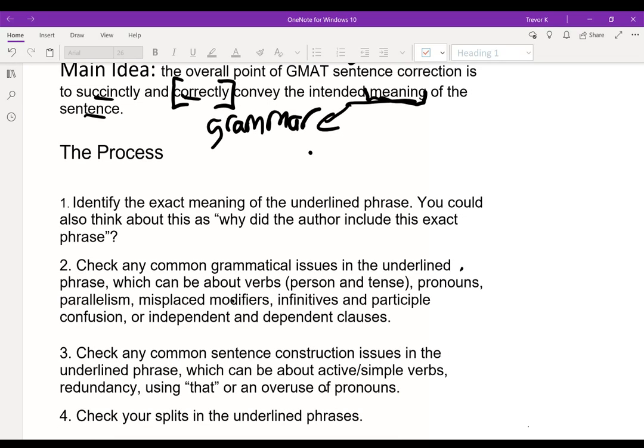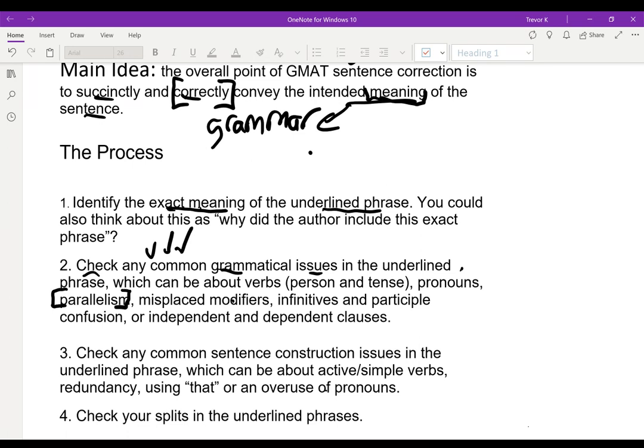So that means in my process, I first start with the meaning of the underlined phrase, and then I go to the grammatical issues, right? And I check them: is this okay? Is this okay? Is this okay? One thing that I'm always going to be checking is parallelism.